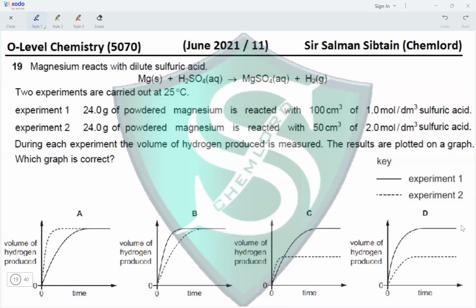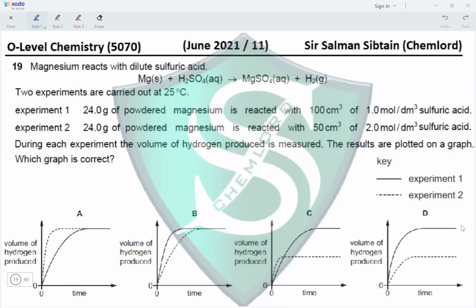However, the concentration in experiment 2 for the acid is twice the concentration in experiment 1. That means when experiment 2 takes place, the gas that is produced, which is hydrogen gas, would be produced more quickly, but the quantity of gas produced will remain the same because the number of moles of acid and the number of moles of metal are the same.